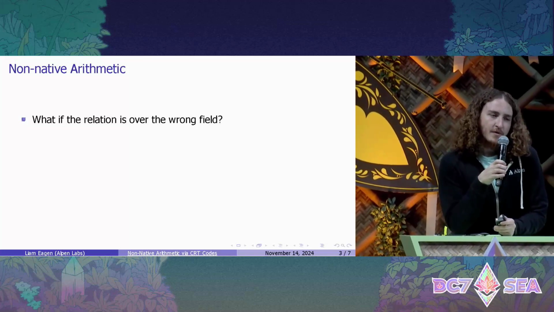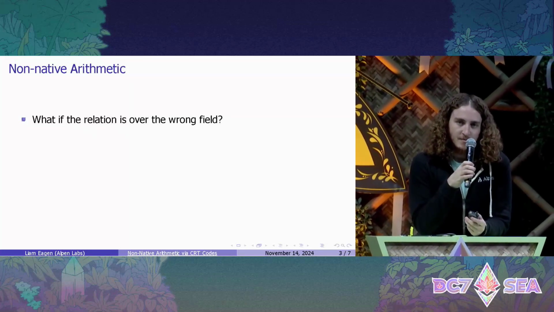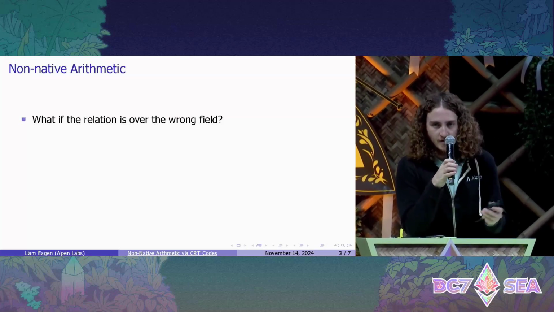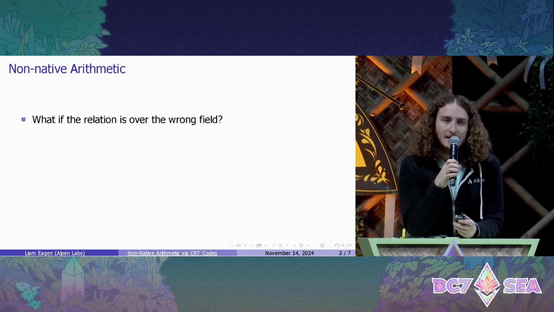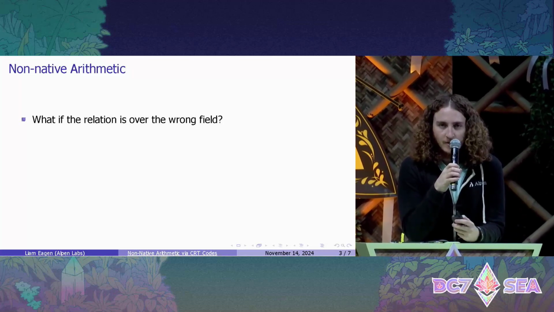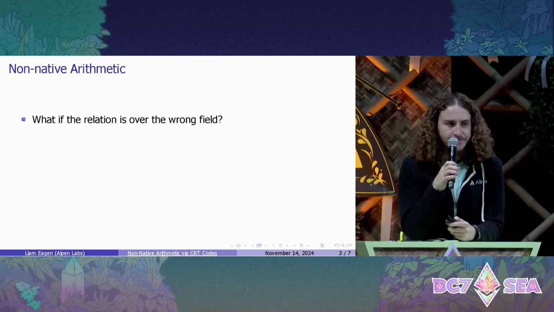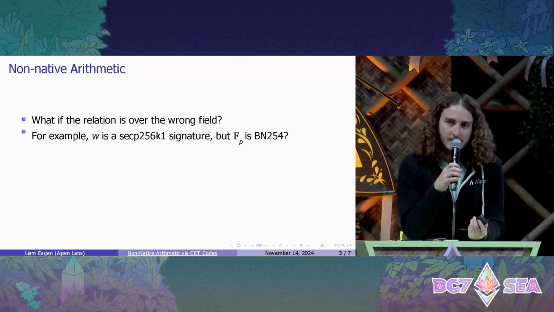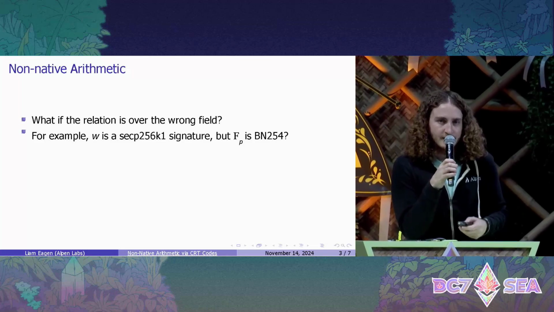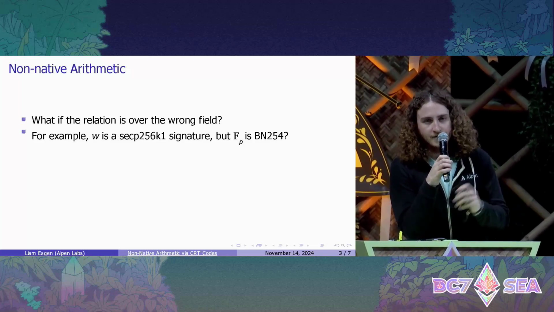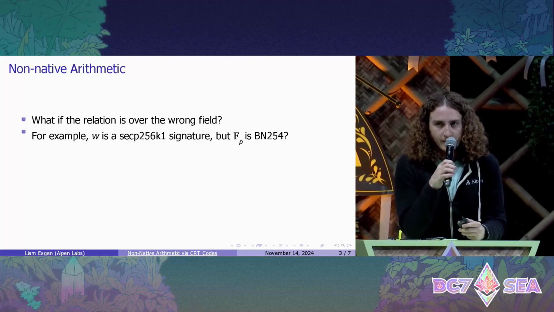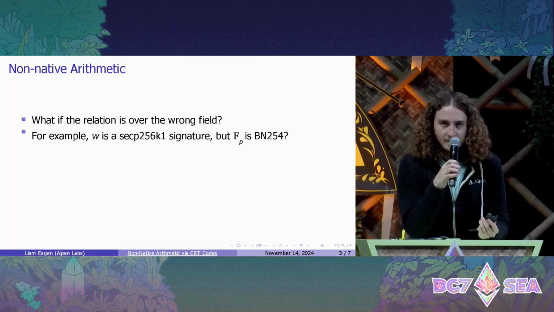So the question that motivates non-native arithmetic is, what happens if we want to prove a statement about some arithmetic that lies in a different field than the one that we're defining our relation over? So suppose you want to verify a signature that is defined over some other curve externally to your proof system. You want to verify a Bitcoin transaction or something inside of BN254.